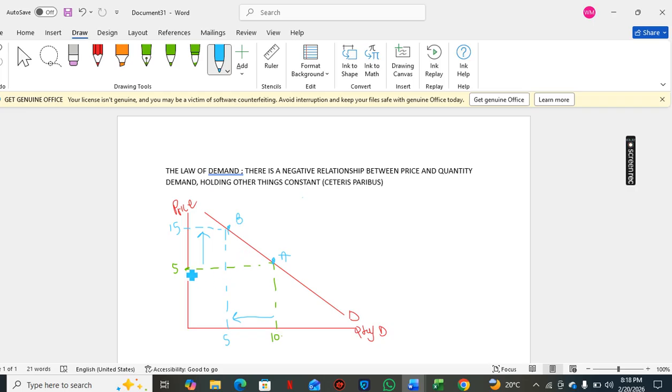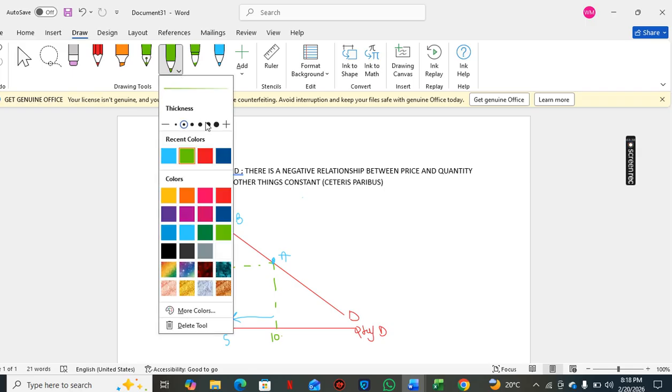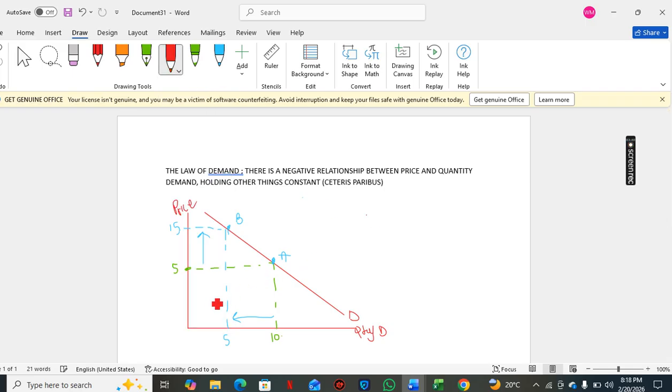Let's say, for example, we start again here, the good is 5 kwacha, and the price drops to 2.5 kwacha. So since it's cheaper, okay, let's say these are drinks. So since these drinks are cheaper, you can buy more of them. Okay, so let's say you can buy 15 of them.